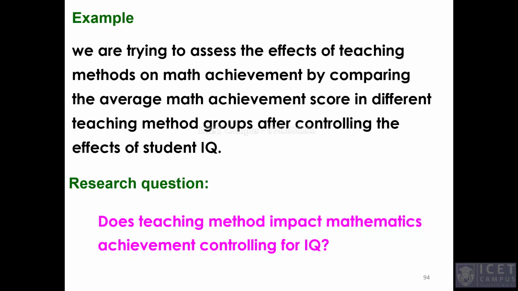There is another one. Right. So the way we have to go, we have to compare. The first one is average math achievement in different teaching methods. One variable is the different teaching methods, after controlling the effects of student IQ. Student IQ is another.